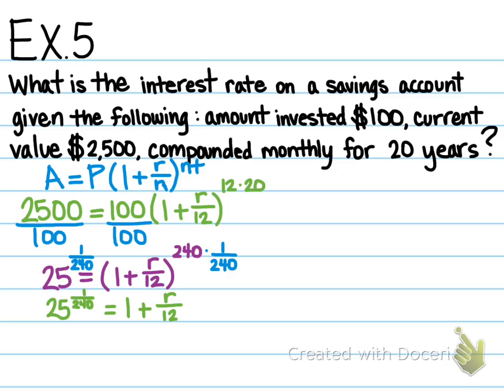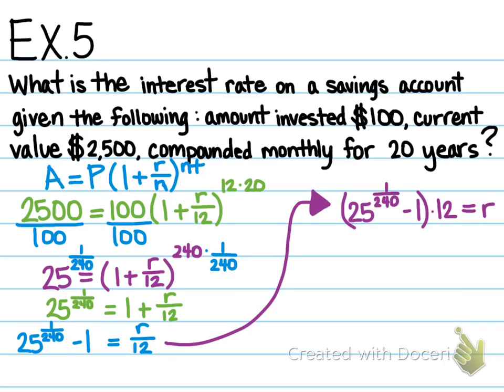So then we're just left with 1 plus r over 12. Then I can subtract 1 on both sides. And since r is being divided by 12, the opposite would be to multiply by 12 on both sides. So I've got 25 raised to the 1 over 240 power minus 1, and then times 12.